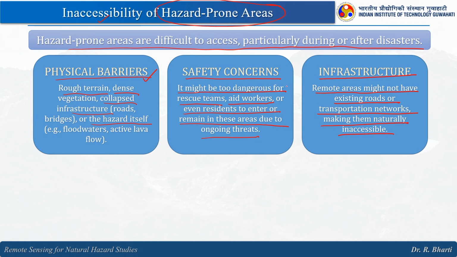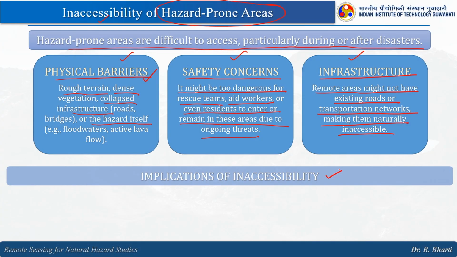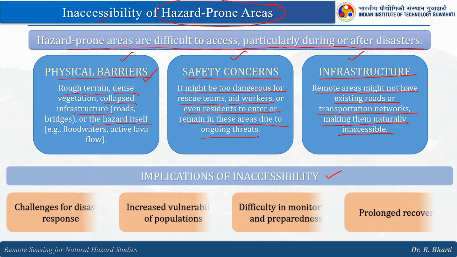These factors indicate the importance of remote sensing, because with remote sensing we have access to an inaccessible area. The implications of the inaccessibility will lead to challenges for natural disaster response, increased vulnerability of population, difficulty in monitoring and preparedness, and prolonged recovery.